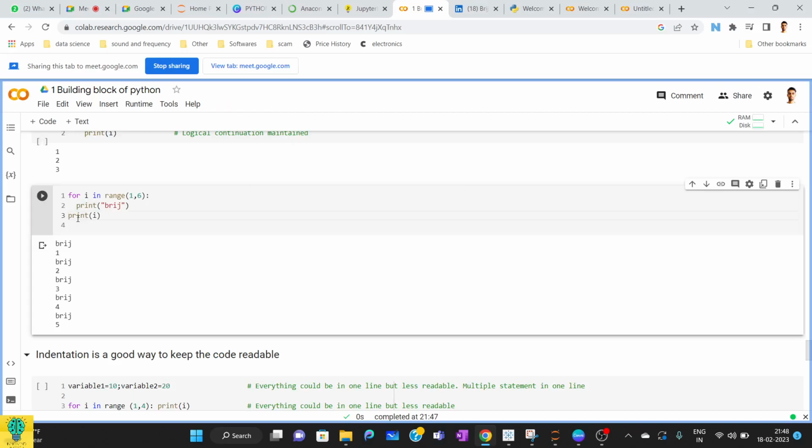Suppose I remove the gap, now what do you think this will print? Only the first one, the second line. Yeah, it will repeat my name 5 times and then it will go to the next line and print the value of I. The last value of I will be 5. You see, if I hover over it, you can see the value here. Now let me also print it.